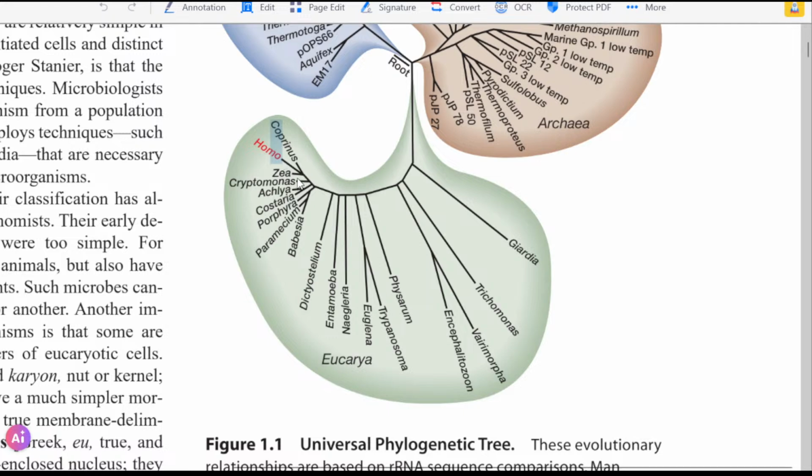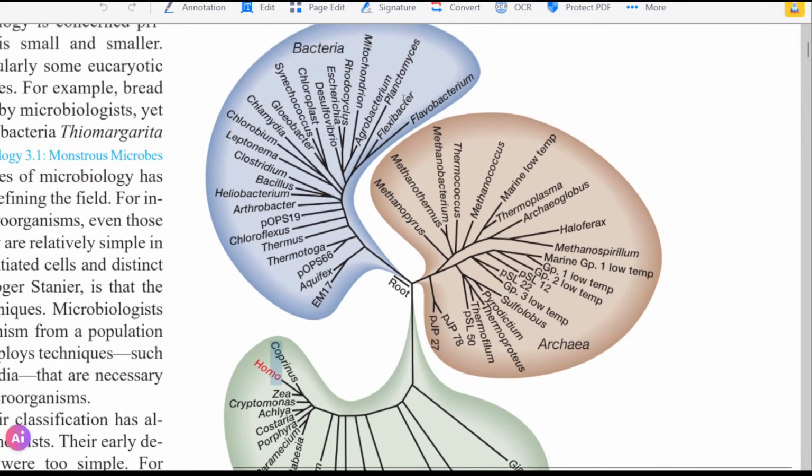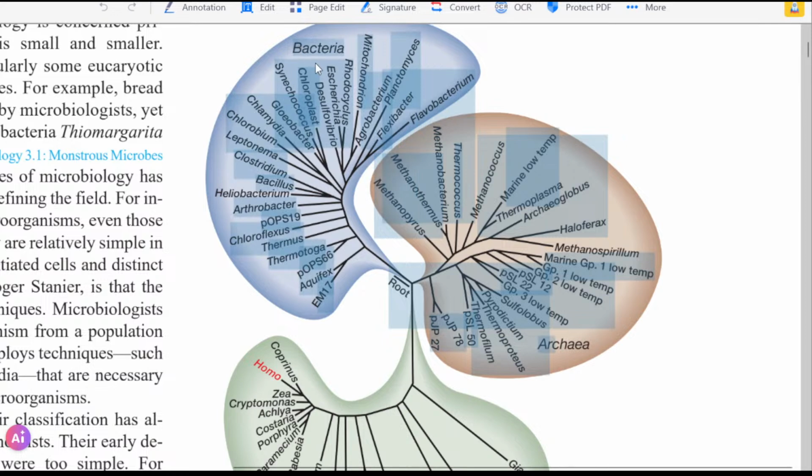But prokaryotes are classified further into bacteria and archaea. These two are different from one another by their ribosomal RNA. Their ribosomal RNA is different, and that's why they exhibit different characteristics. In ancient times, they weren't considered different; they were just considered single bacteria, right?